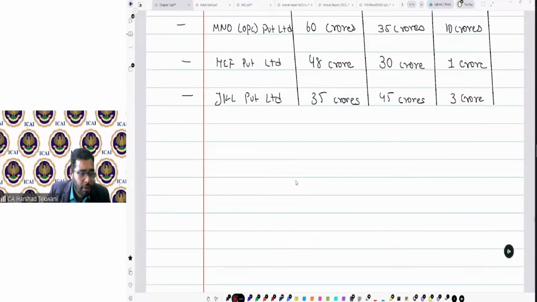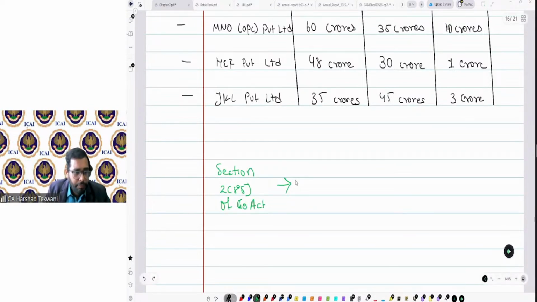So section 285 of the Companies Act says that turnover and paid up share capital: turnover less than 40 CR, paid up share capital less than 4 CR.